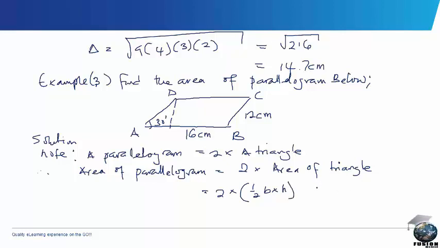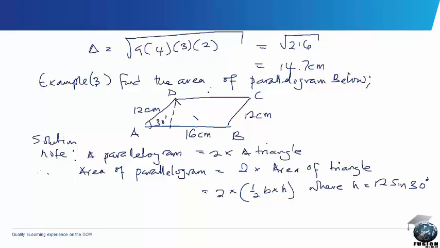For our height here, if this were to be our triangle, assuming another line runs to divide this into a triangle, the height here will be equal to 12 sine 30 degrees. The side you have here is also 12 cm.